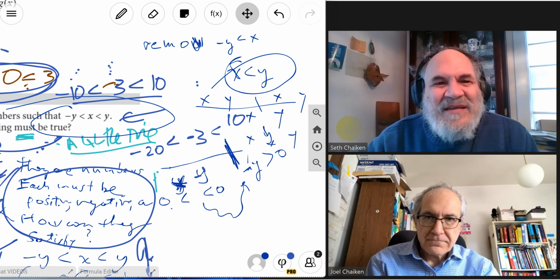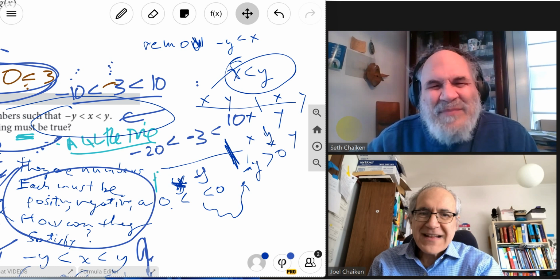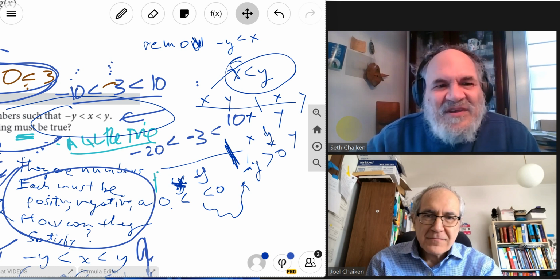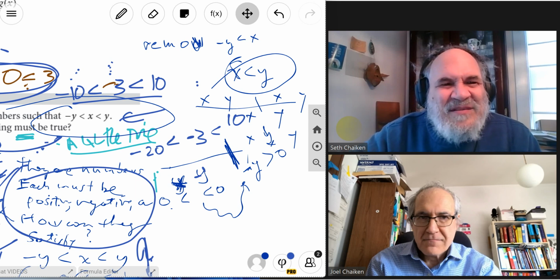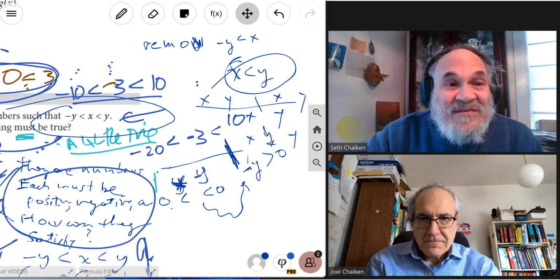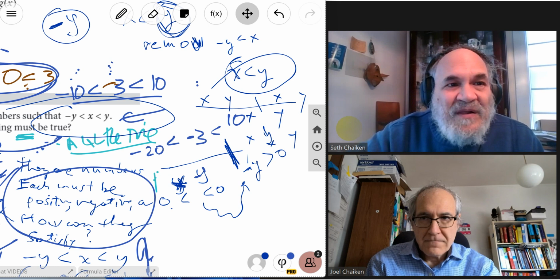under the constraint that x is less than y. But that's not the problem. When you append the negative to the x less than y condition, you take the y. This is the y, that's a number. You negate it. See, this y and this y are the same y.